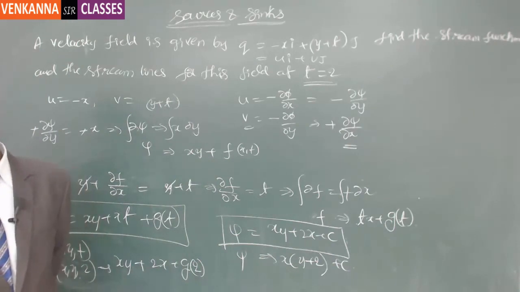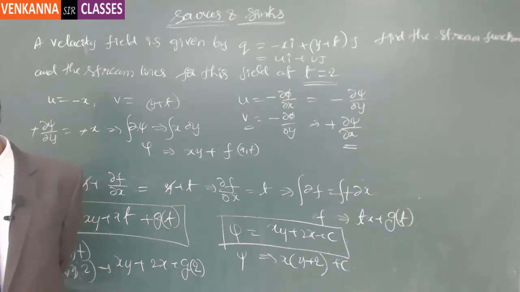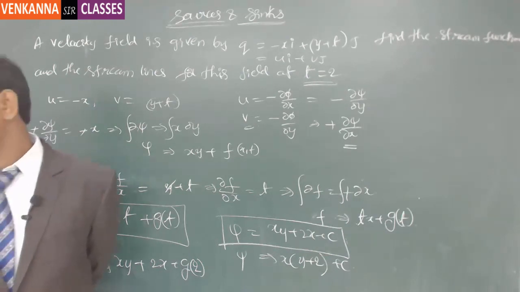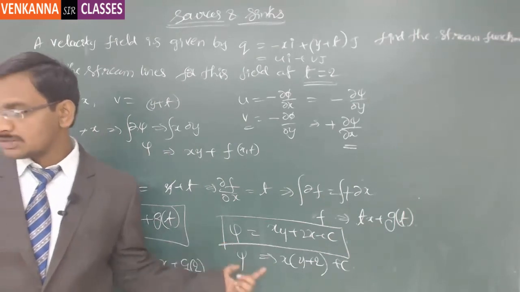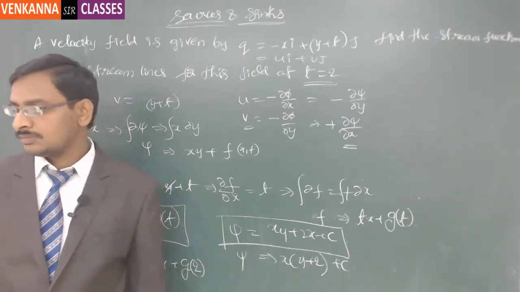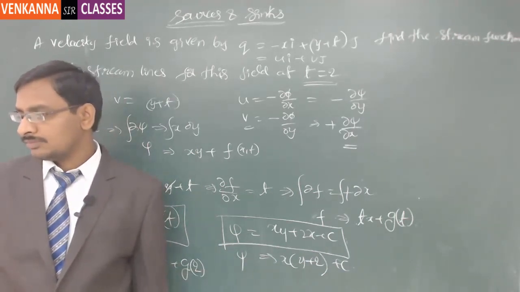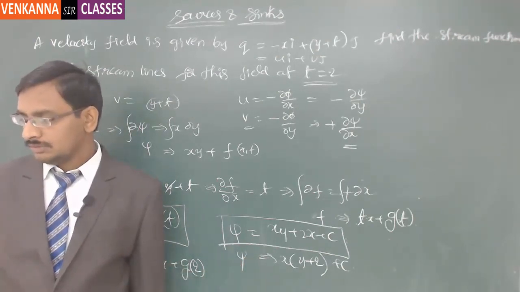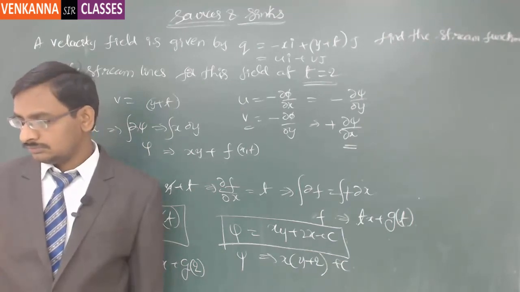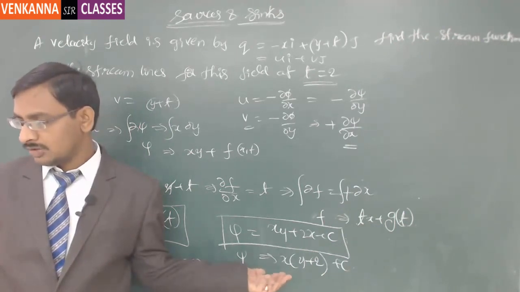There is no confusion in this entire analysis. Do you have any questions on this? If you don't have any questions, I am asking you what is the shape of these curves. These curves are nothing but the flow directions, because this is the stream function. So what is the shape of this? How is it going to be?